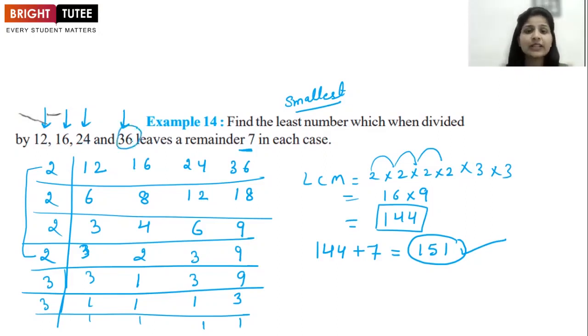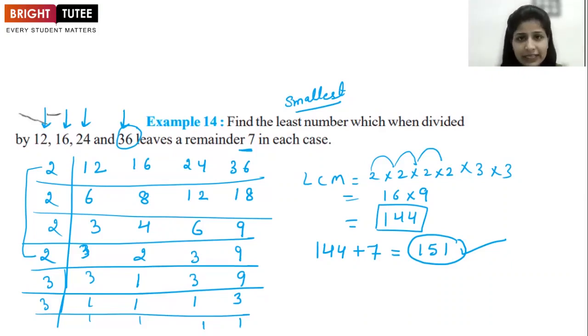So we were actually in search of the number which is smallest, which is least, and when we divide it by 12, 16, 24 and 36, it leaves the remainder 7. So first of all, we calculated the number, students, that is exactly divisible and should be the smallest one. So we calculated LCM because LCM gives us the least common multiple of all of these.